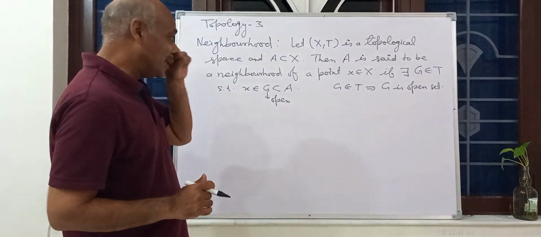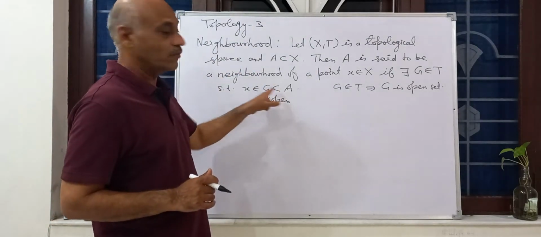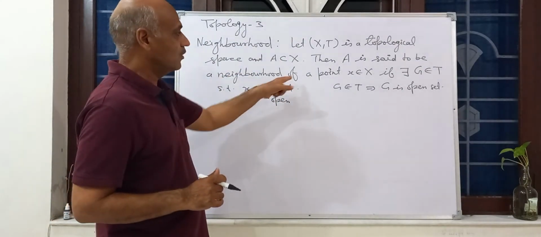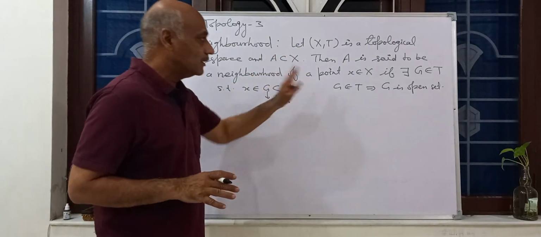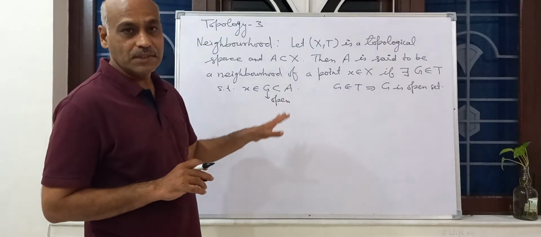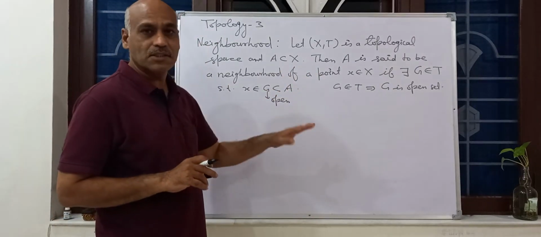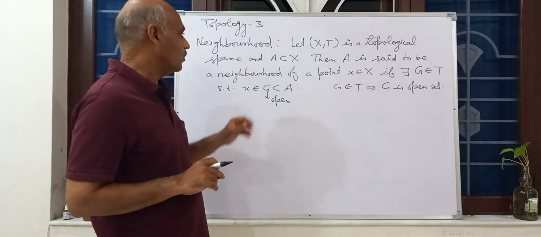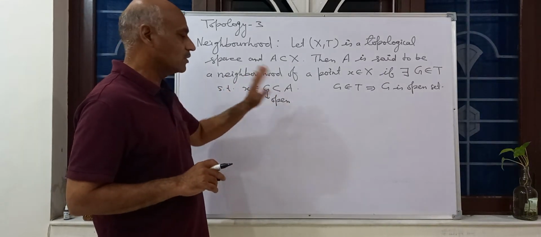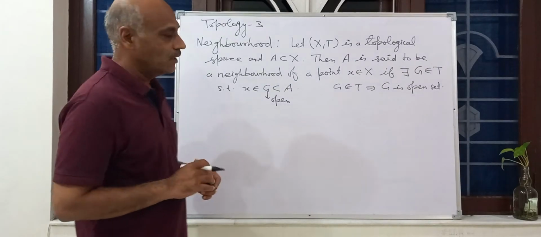So A is known as a neighborhood of a point x belongs to X. (X, T) is a topological space, A a subset of X. Then A is said to be a neighborhood of a point x belongs to X if there exists G belongs to T, or open set, such that x belongs to G subset of A.